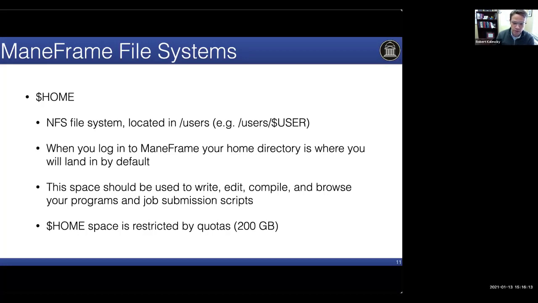I generally tell people that you should think of this space as small and slow, right? Meaning that when you are running calculations, you don't want to run from this storage space because it's not designed to be fast. It's designed to be redundant and backed up.